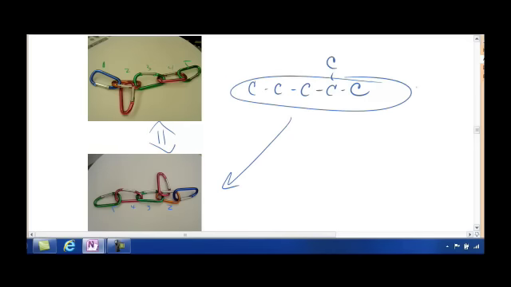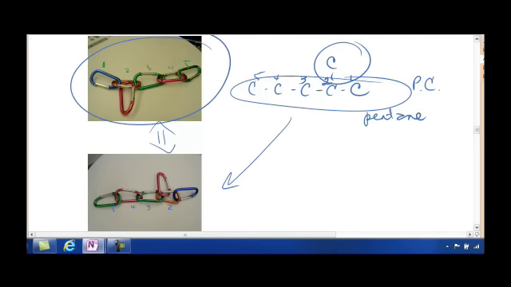Find it, and it's 5 carbon, so it's pentane. Then I have a branch of only 1 carbon, so that's a methyl, and it needs an address. So I go 1, 2, 3, 4, 5 from right to left, because the criteria was to give that branch the lowest possible number. So this chain and this chain are identical.